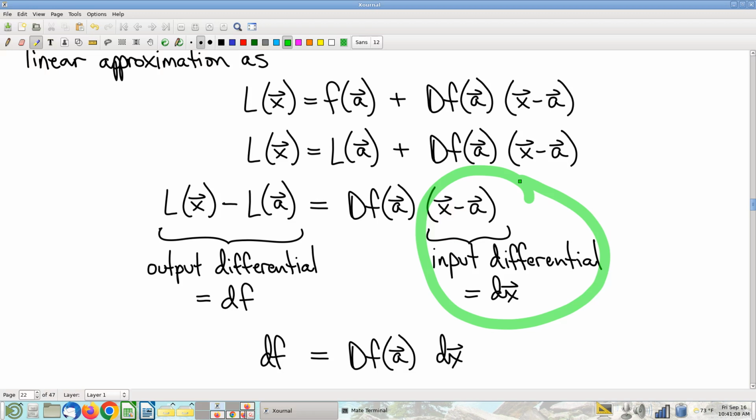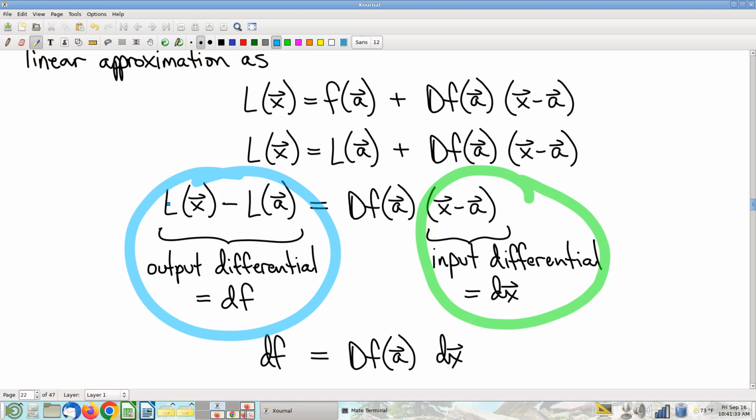And I've related it now not to the actual output change, but to our linear estimate. This is our best linear estimate of how much the output has changed. It's not the actual increment, the actual f of x minus f of a. Who knows? But this is our linear estimate.